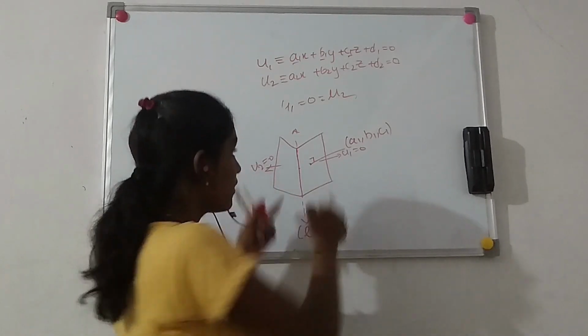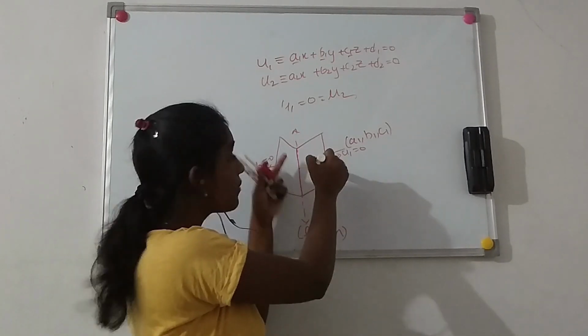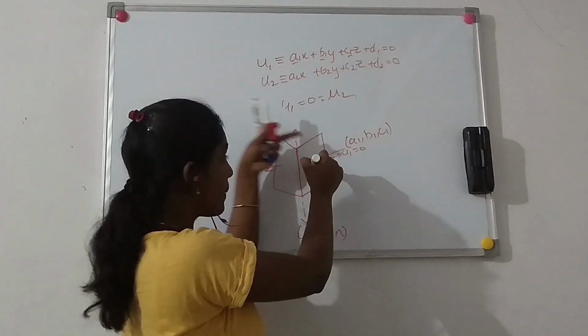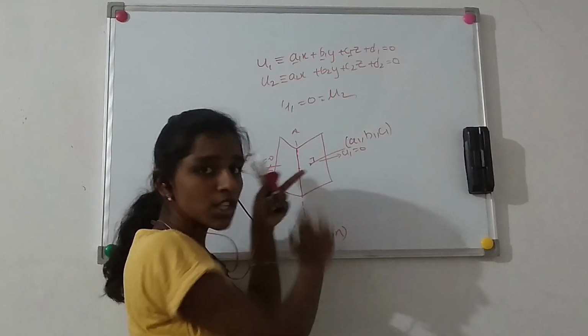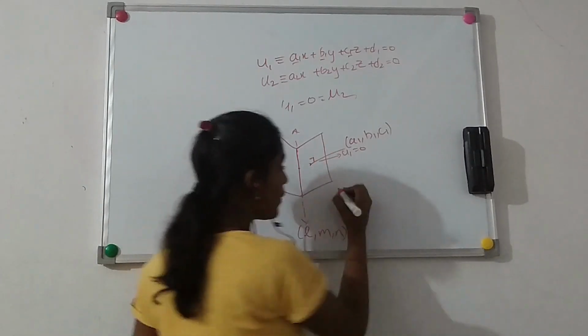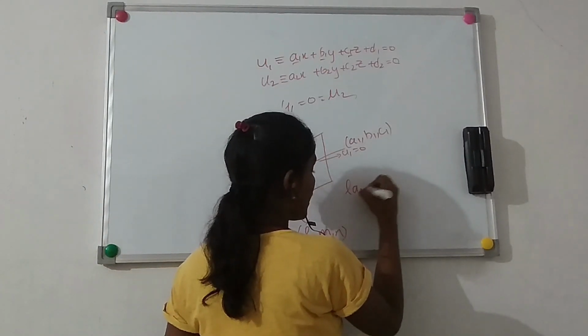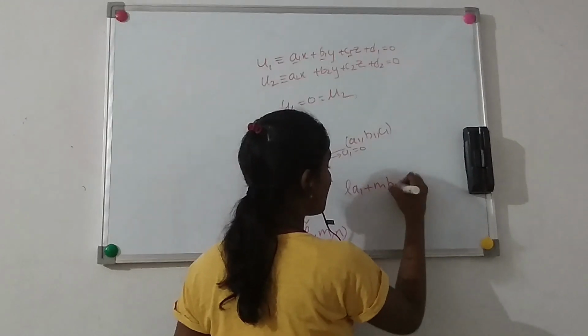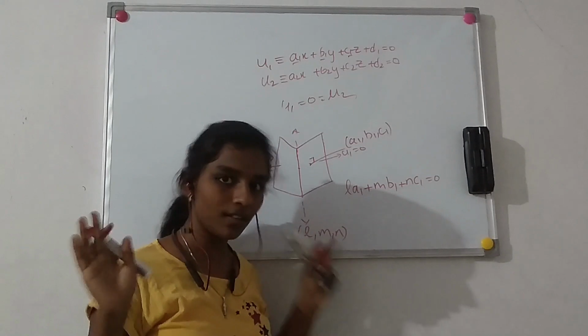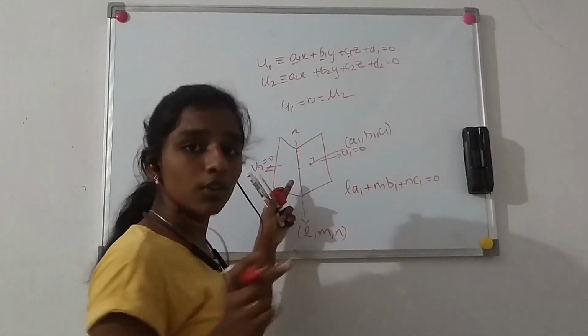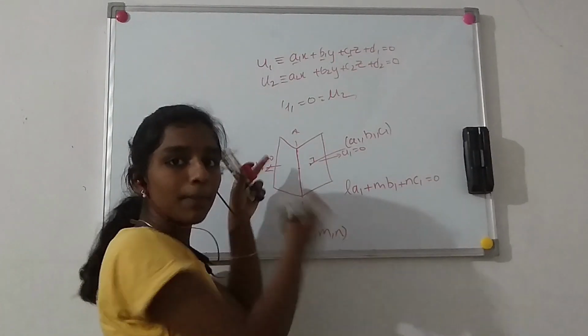Now this normal of this plane is also perpendicular to this line, right? So I can write the perpendicular condition for both. How do I write it? l a1 plus m b1 plus n c1 equals 0. Perpendicular condition completed. Now let us look at u2. The same condition applies over here.